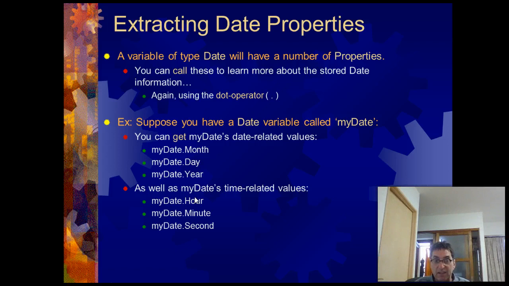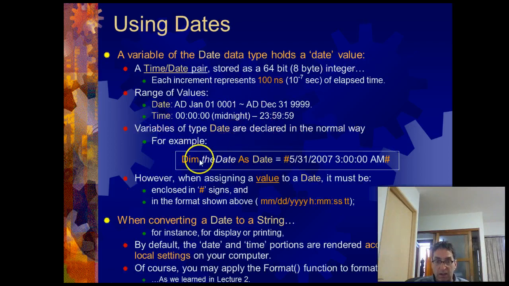So dates, if you assign a variable to be a date, it will have some properties associated with it. Suppose you define myDate to be a date variable. In other words, you say Dim myDate As Date. And maybe you assign it a value.